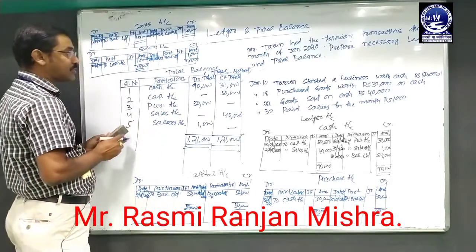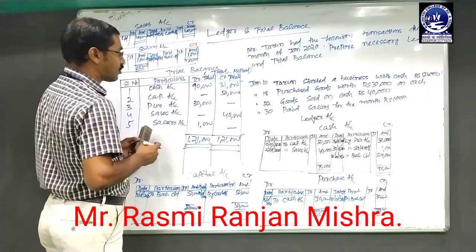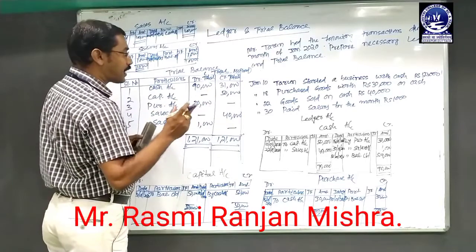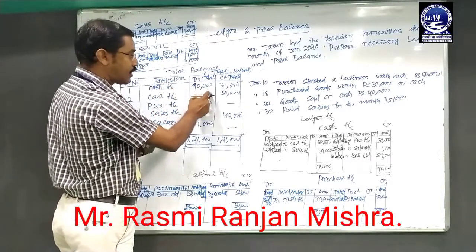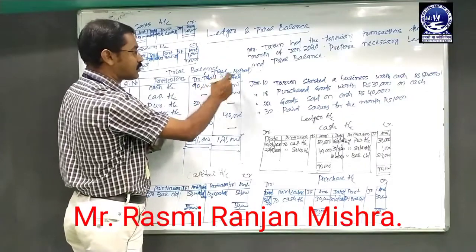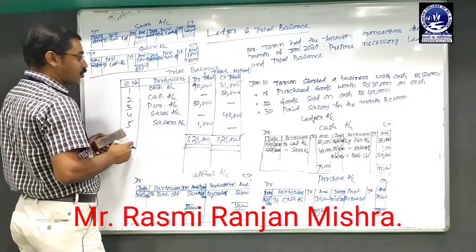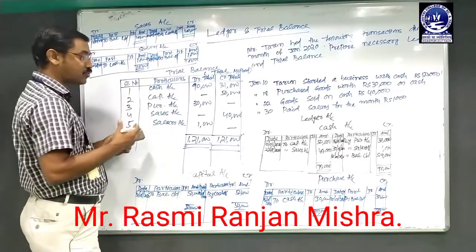Then the third method combines the two, that means the balance method and the total method. So here instead of two columns, we have to prepare four columns. One is debit balance, the second column is debit total, the third one is credit balance, the fourth one is credit total. This is a combination or merger of the first two methods.